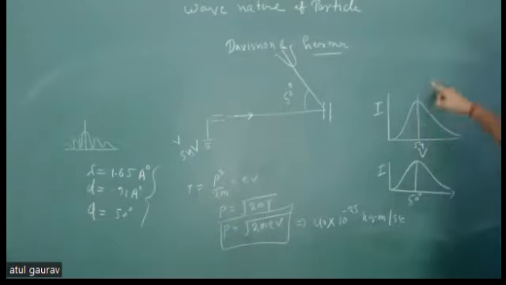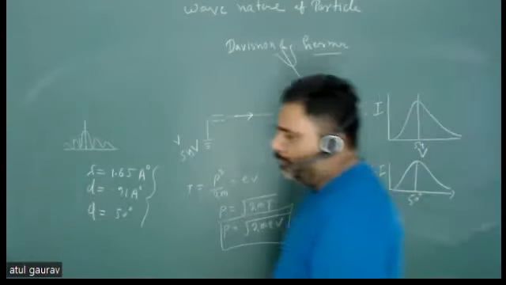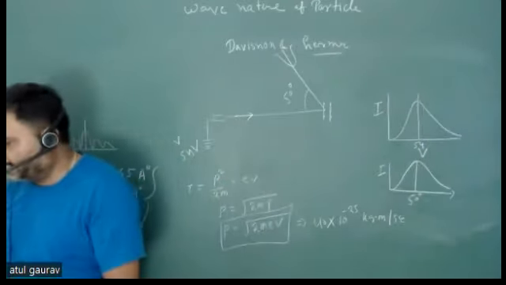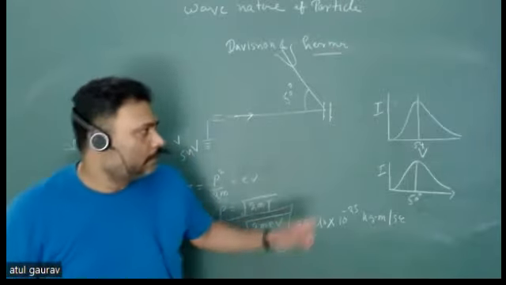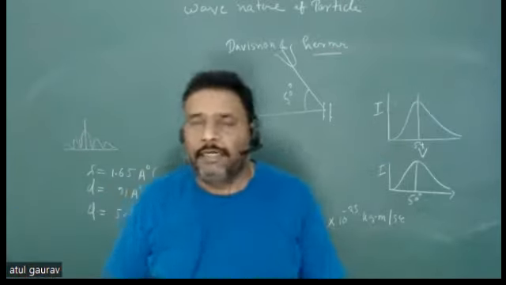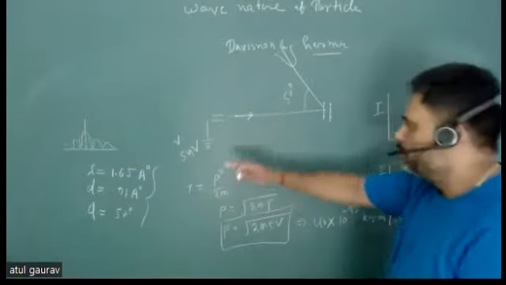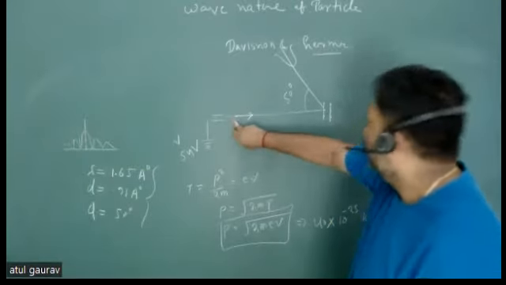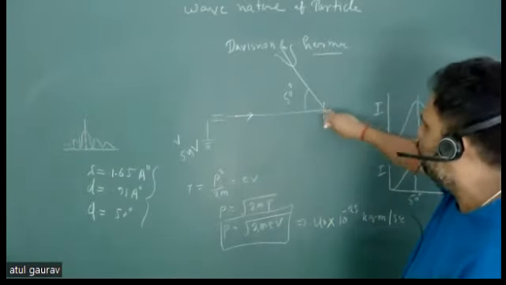So this is my momentum we have calculated from here. So why are we getting this maximum peak? This is very interesting. This is just a diffraction pattern of this electron interacting with this nickel crystal.